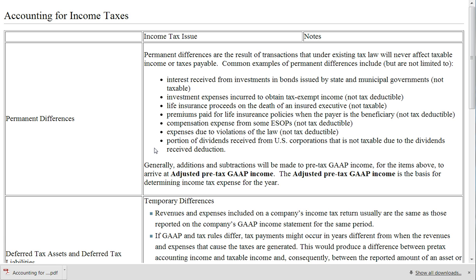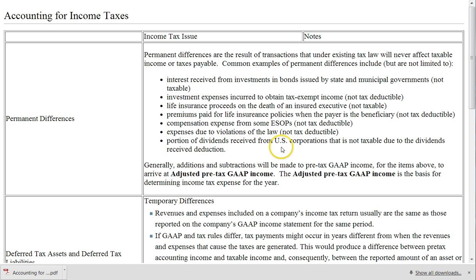And so there are other things here as well. For example, compensation expense from employee stock option plans is not tax deductible. Expenses due to violations of the law: if an entity violates the law, they are not allowed to deduct any expenses that are related to that. And then there are certain dividends that are received from U.S. corporations that are not taxable due to the dividends received deduction.